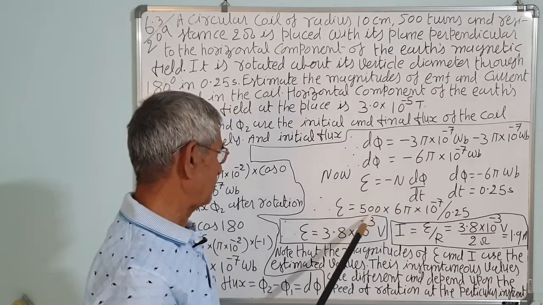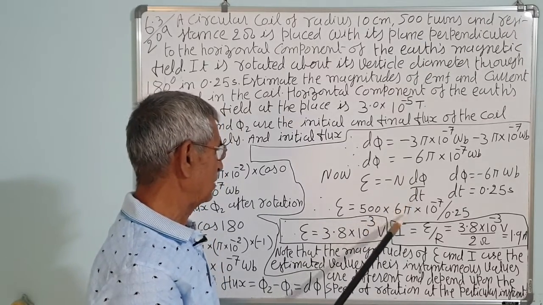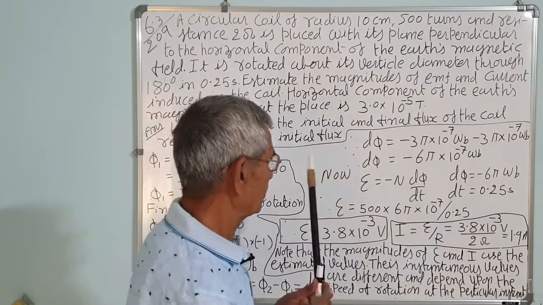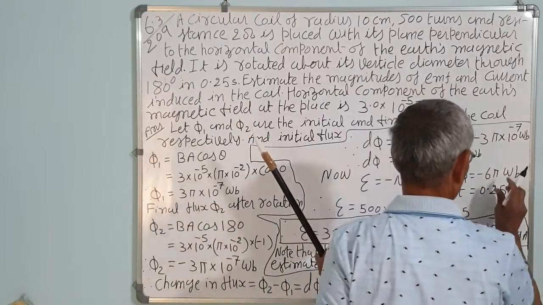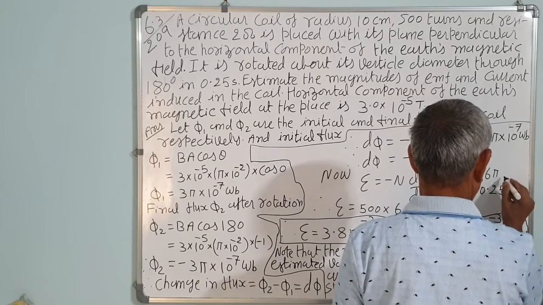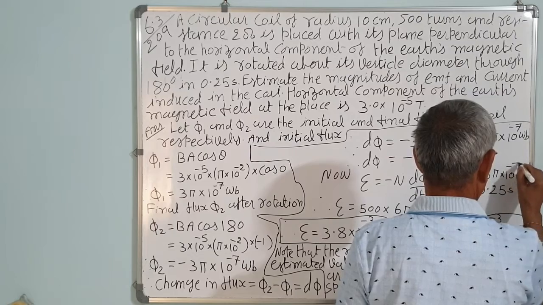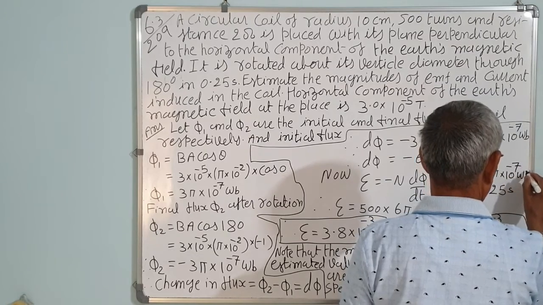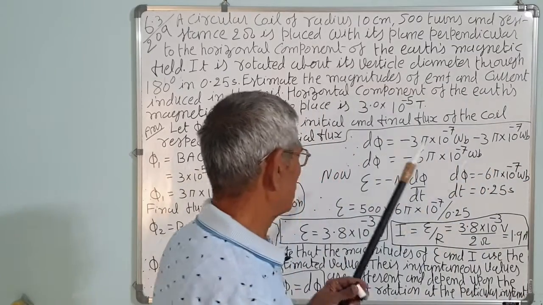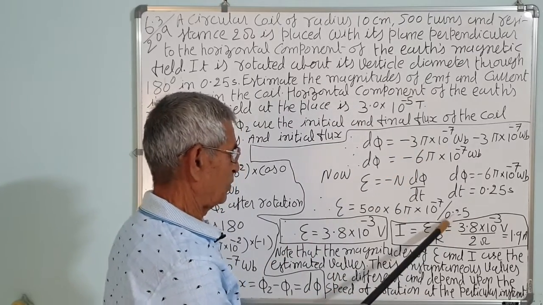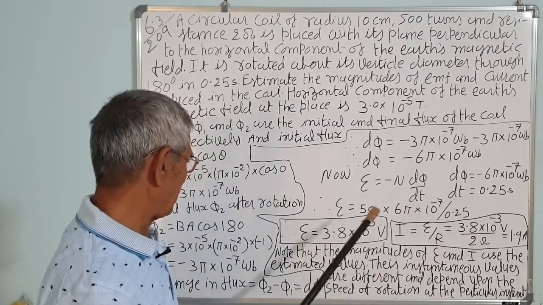The number of turns n is 500, and d phi is 6 pi into 10 raised to minus 7 Weber, upon 0.25 second, that is dt.